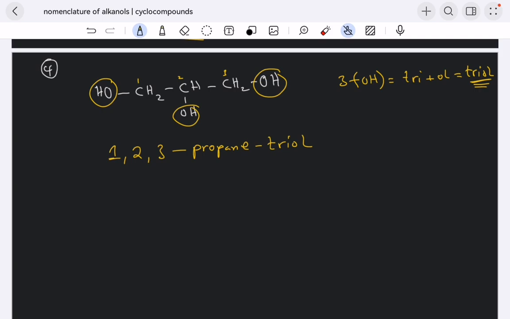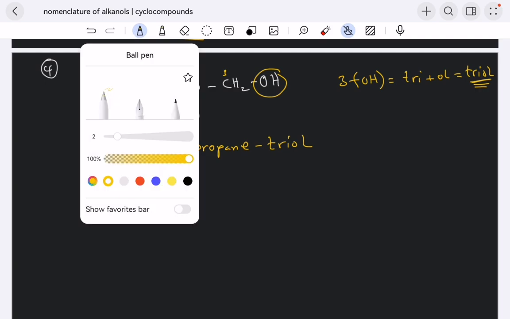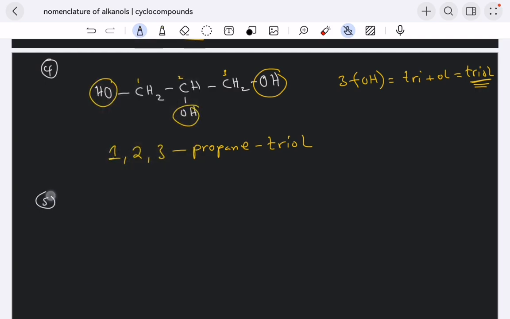Now, let's look at a bit more complex compound, if we can say. Let's look at example number 5.